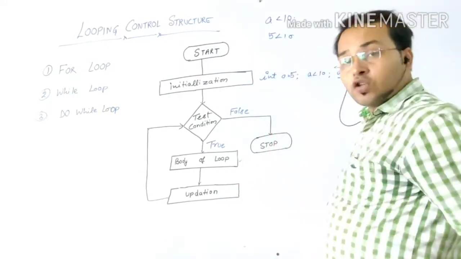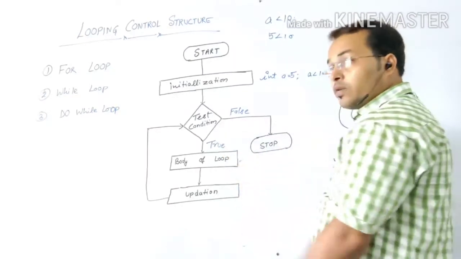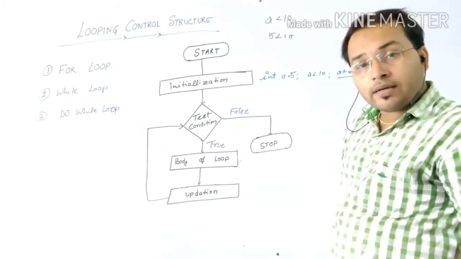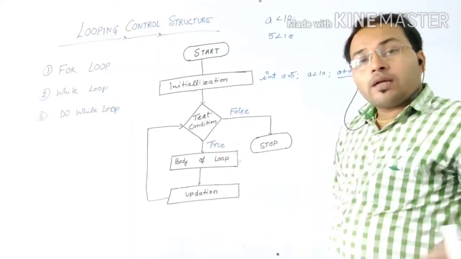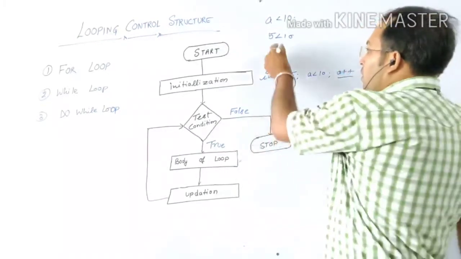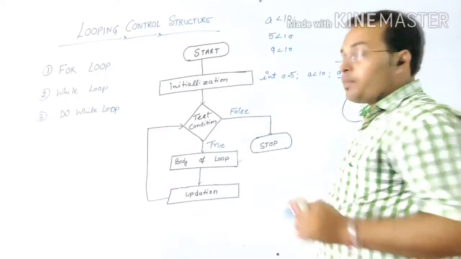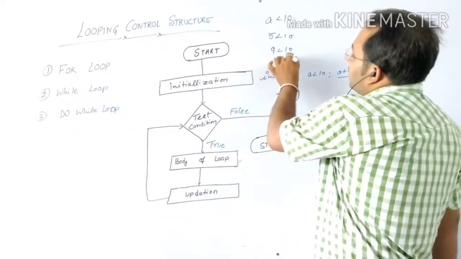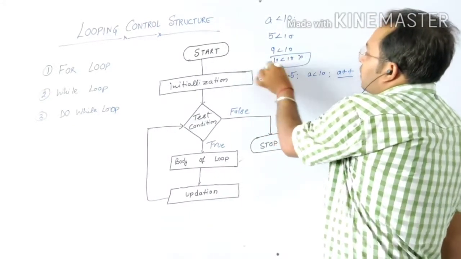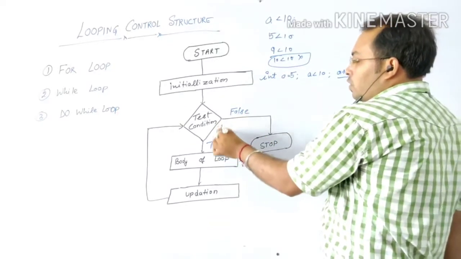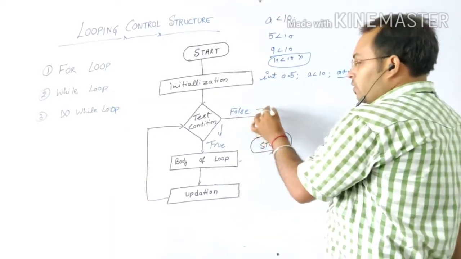If the condition is true, then again it will come to the body of the loop, and this process will continue till 9, because 9 is less than 10. But when you get 10 less than 10, this condition will be false, and the loop will not go this side, it will go this side.